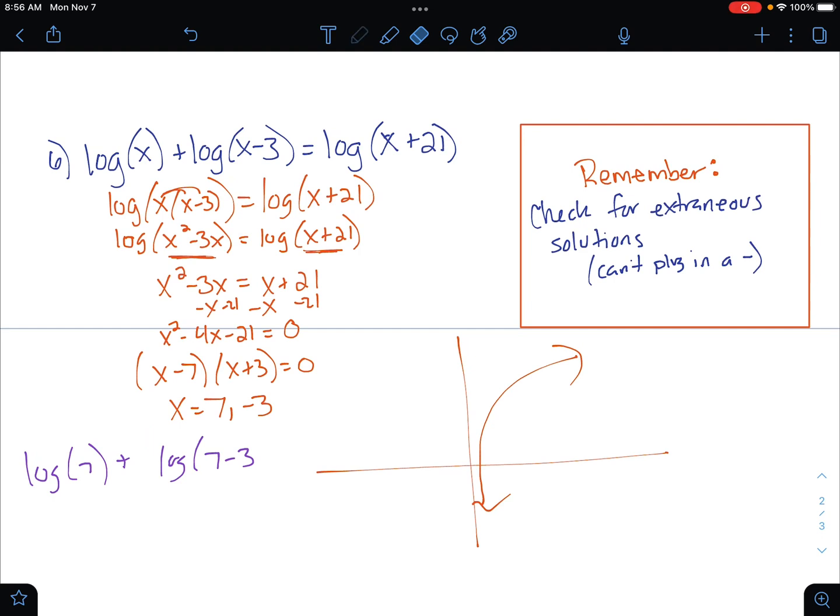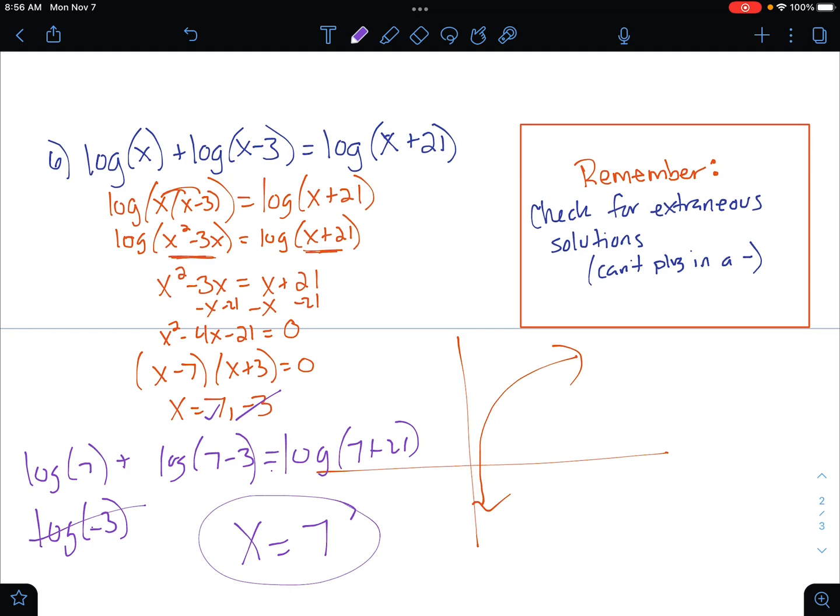And then on the other side, we would have log of 7 plus 21. Well, that also gives us all positives. So 7's good. We can use that one. Now plug in negative 3. Log of negative 3. Uh-oh, can't do that. Can't take a log of a negative. Done. So negative 3 is not a solution. So your only real solution is 7. Your extraneous solution is negative 3.